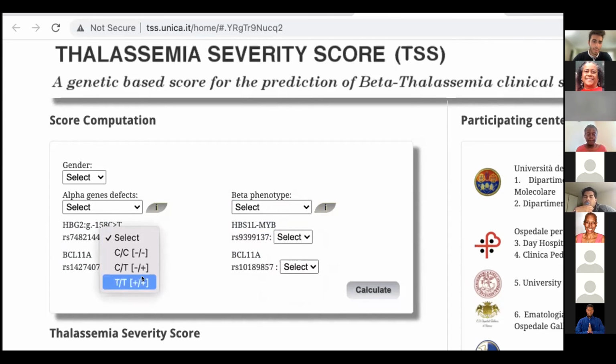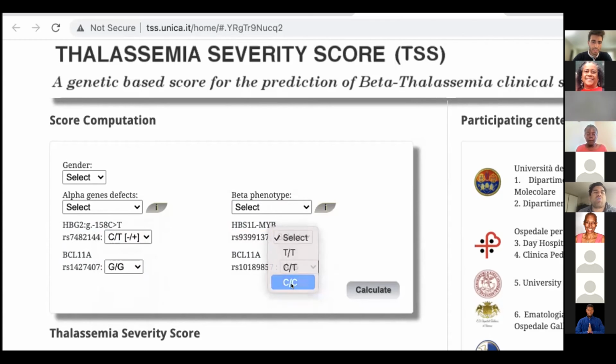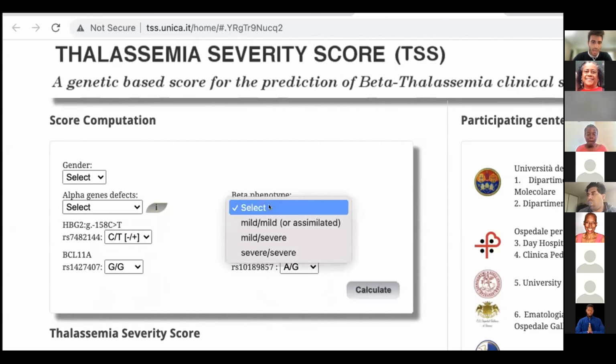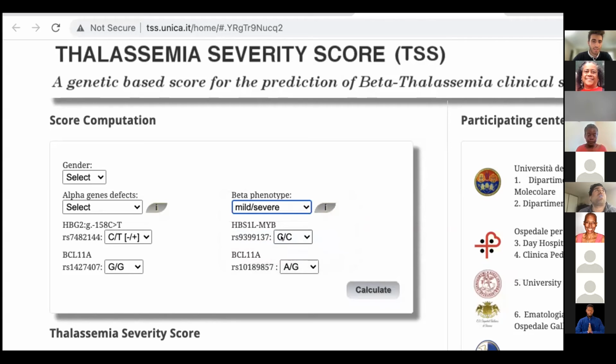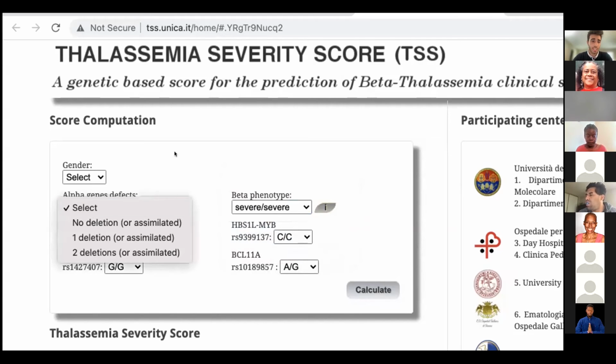You say, okay, I have a T, and I have GG, I have AG, and I have CC for this, and then I have, let's say, mild to severe beta phenotype. So this is, let's say, severe. Severe is basically beta thal major. And then if you have a gene in an alpha gene, you could put that.